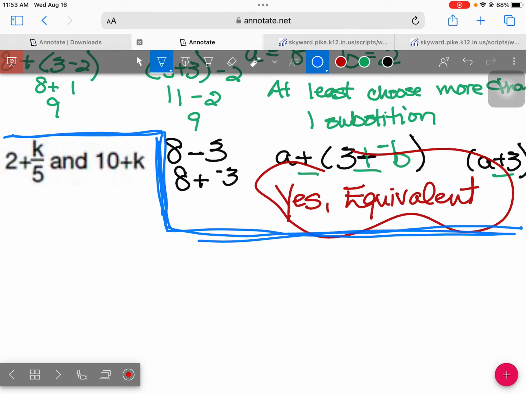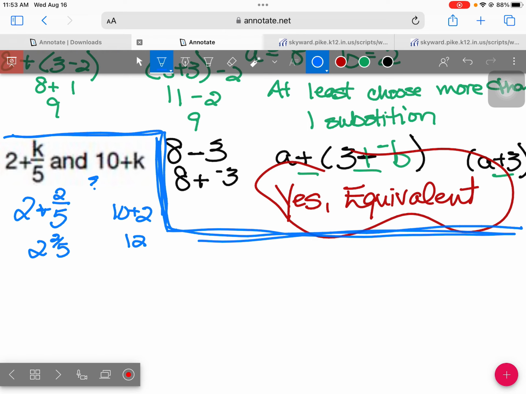Okay, so she substituted. What did you put in for k? 2. Okay, so this is 2 plus k over 5, where k is 2, and how does that compare with 10 plus 2? Well, obviously this is 2 2/5, and this is 12. If you're going to substitute, you should check with another value just to be on the safe side.